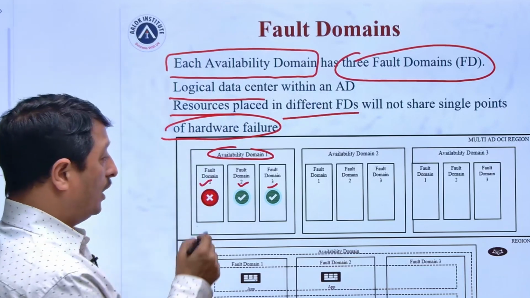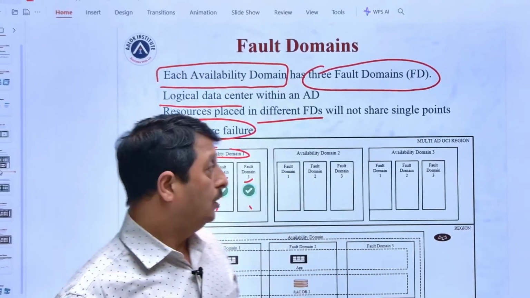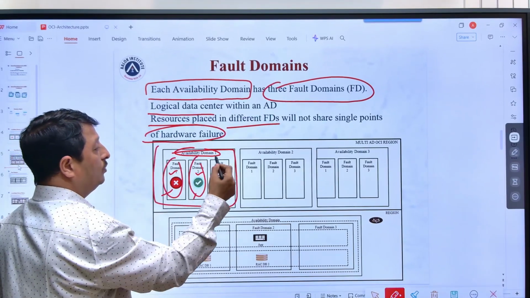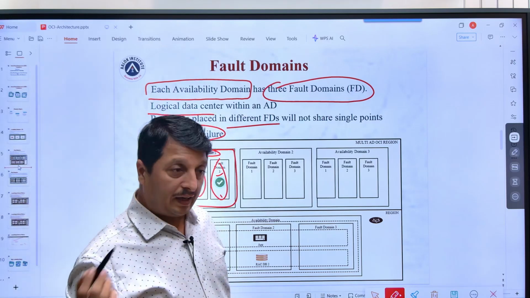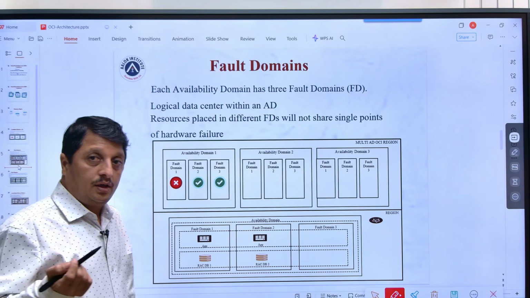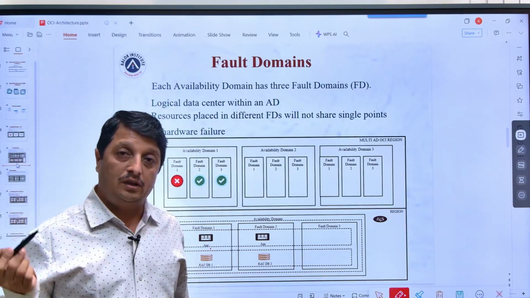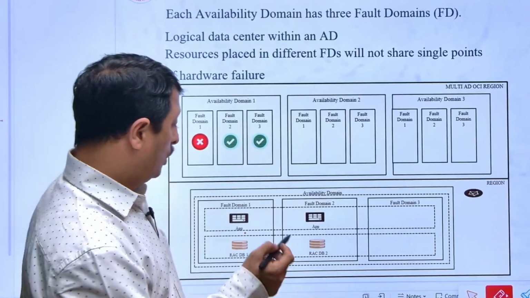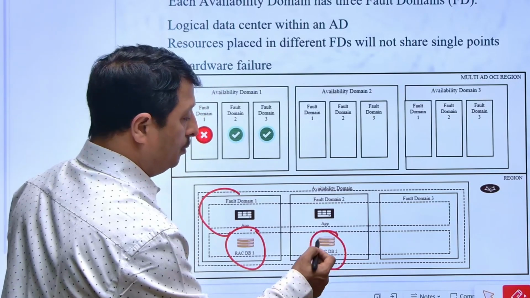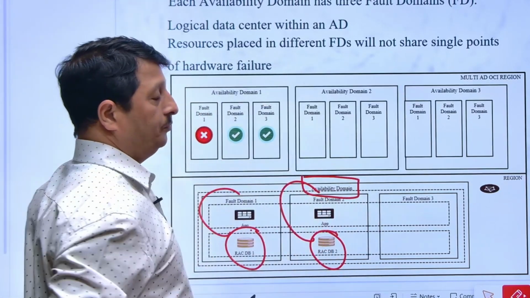So hardware 1, hardware 2, hardware 3 are totally different and isolated. Even though they are in the same data center, this will be on one hardware, this on another, this on another. As a real example, if you are a DBA and you want to keep your machines as instances, you keep one instance in one fault domain and another instance in another fault domain within the availability domain.